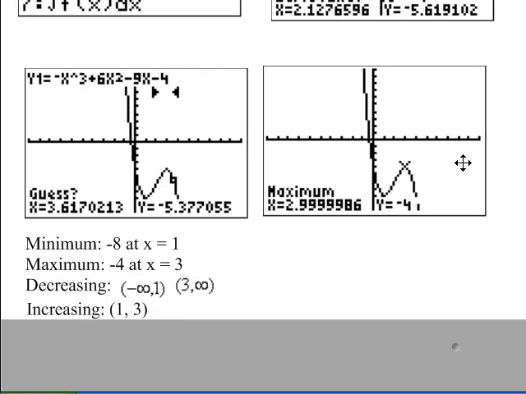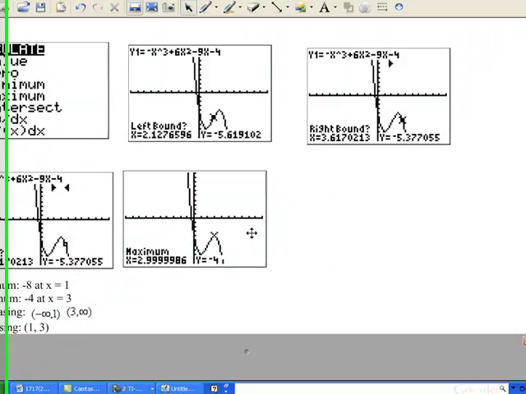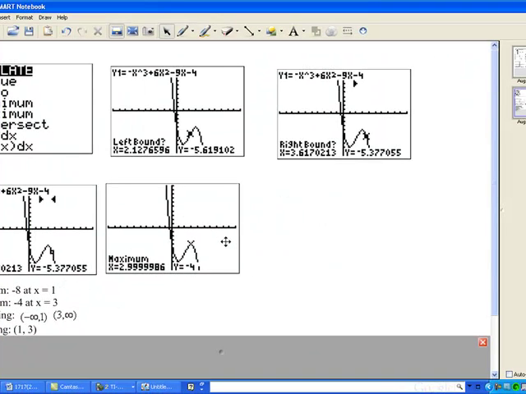Now, we said to begin with that graph was falling, so it's decreasing. Since we are starting from the left-hand side of the graph, we start with negative infinity. It decreases until we approach that minimum. The x value at that minimum is 1. So our first decreasing interval is negative infinity to 1.